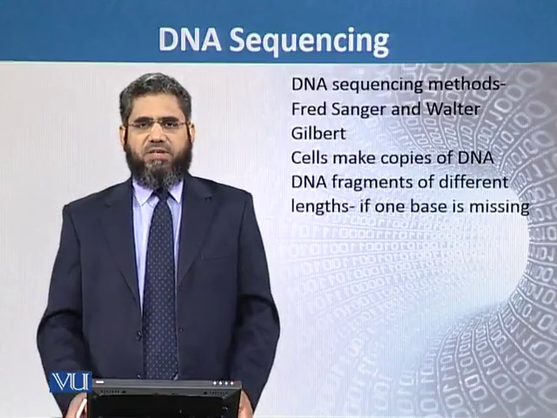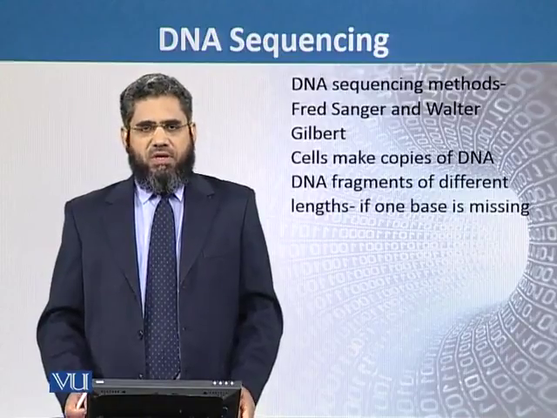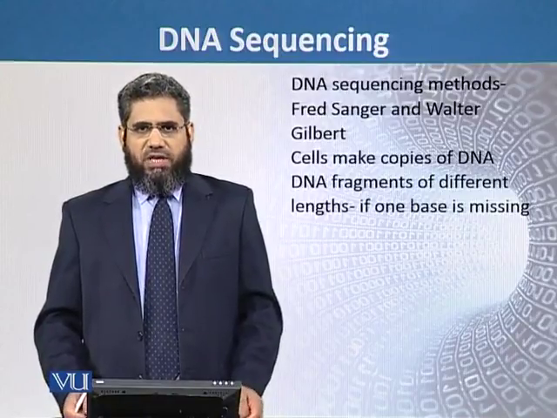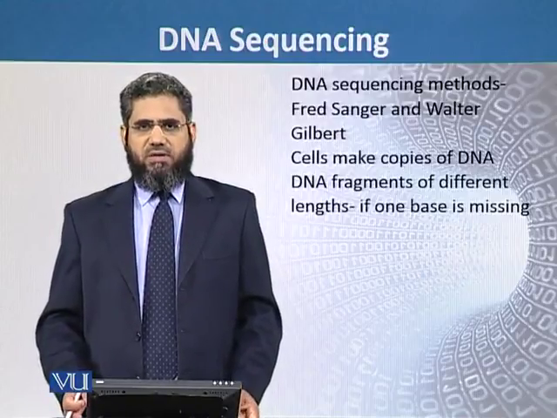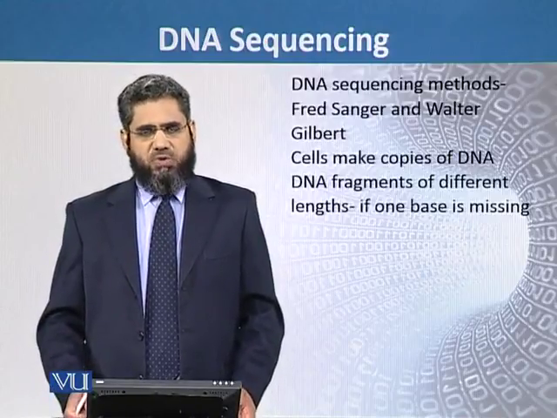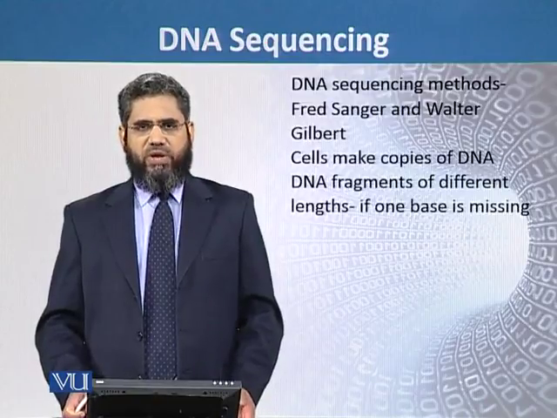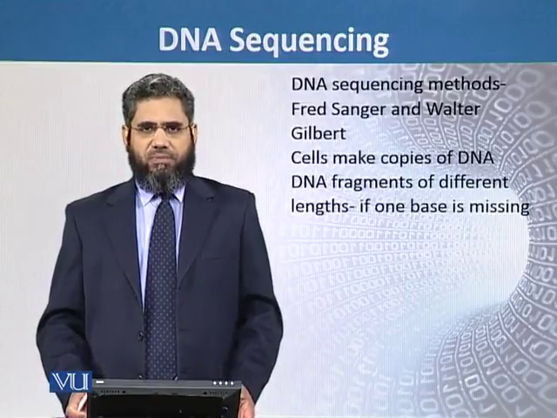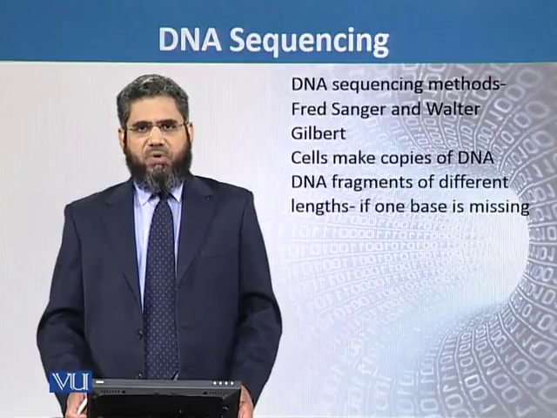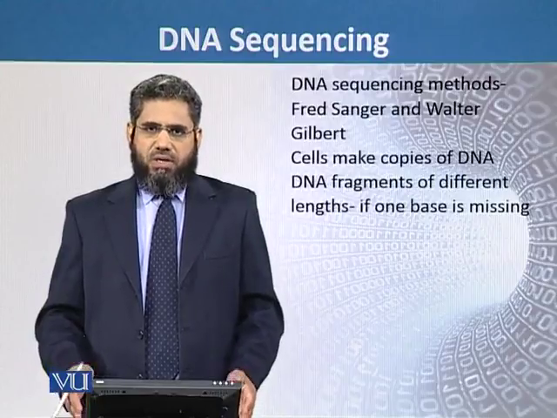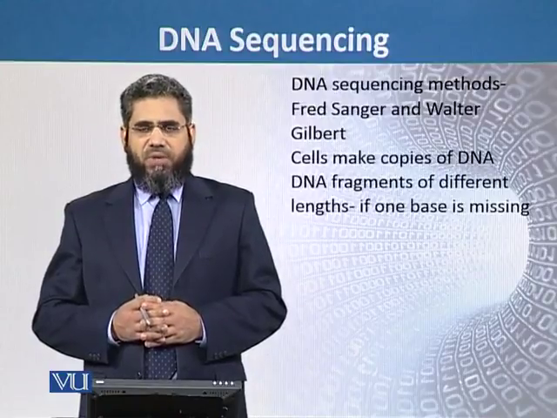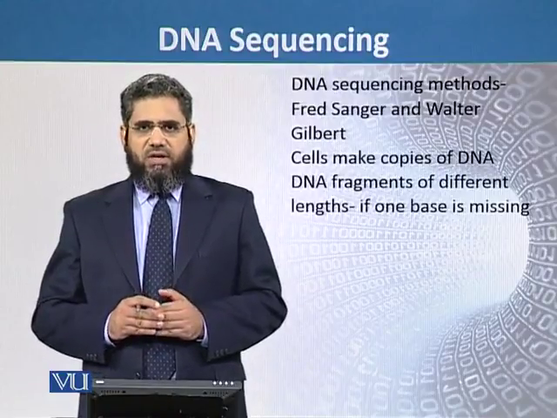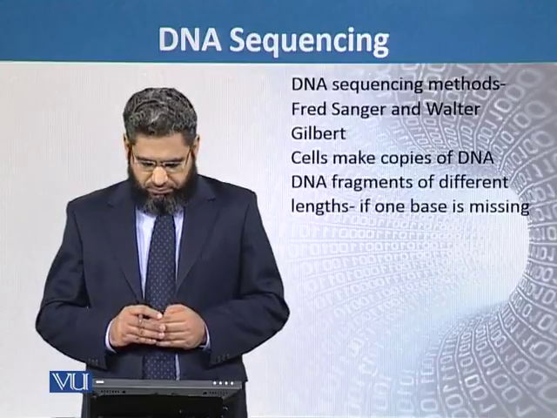In that method, he sequenced the unknown DNA fragments by adding the nucleotides one by one. When he was performing these experiments, he came up with the idea that he could produce fragments of different sizes, and this would help in the sequencing of the DNA fragments.